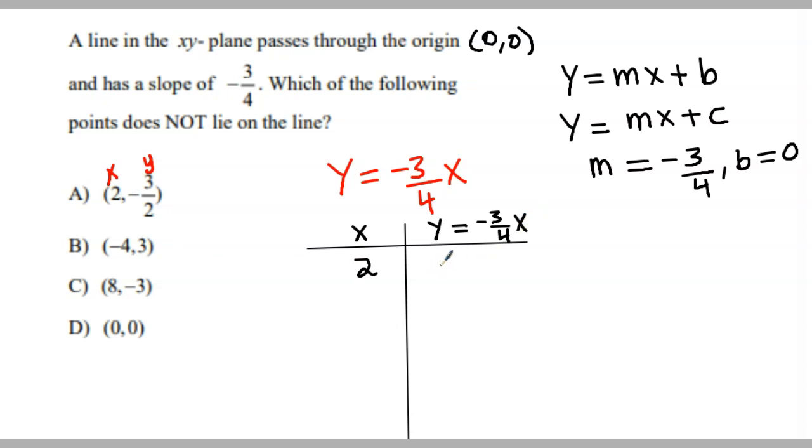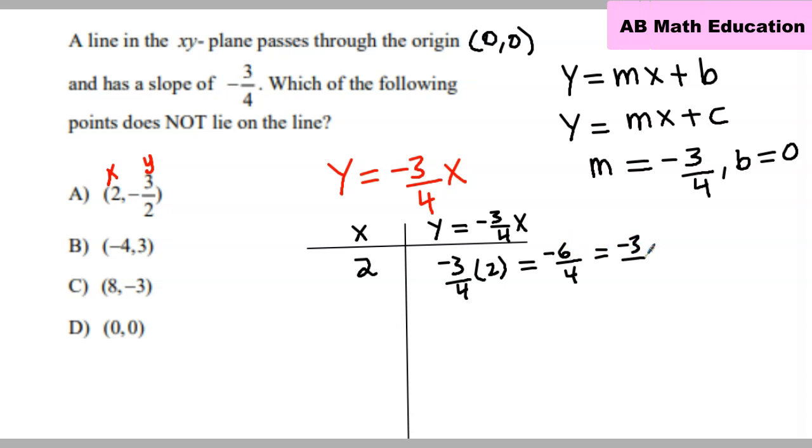Wherever you see x, you put 2. So you get negative 3 times 2 over 4, which is negative 6 over 4, and you simplify, 2 goes here, negative 3 over 2. So you see that that's a point.